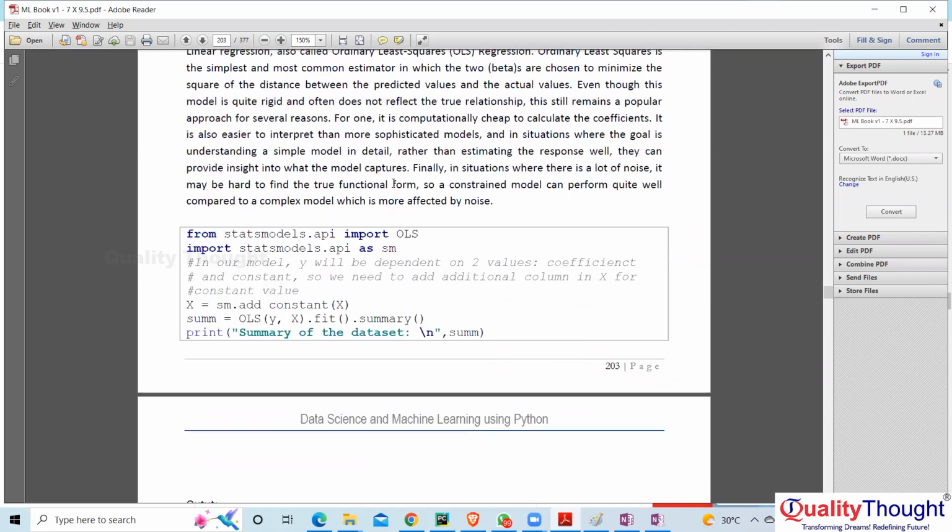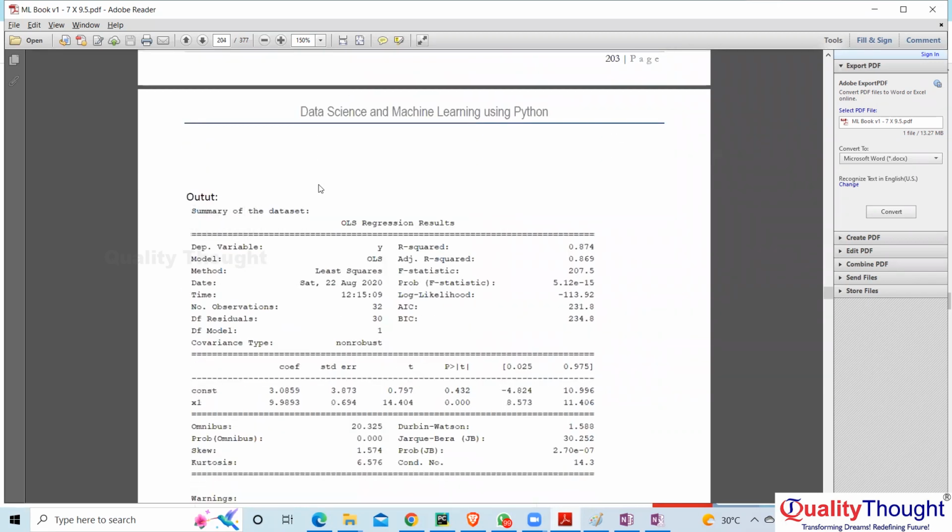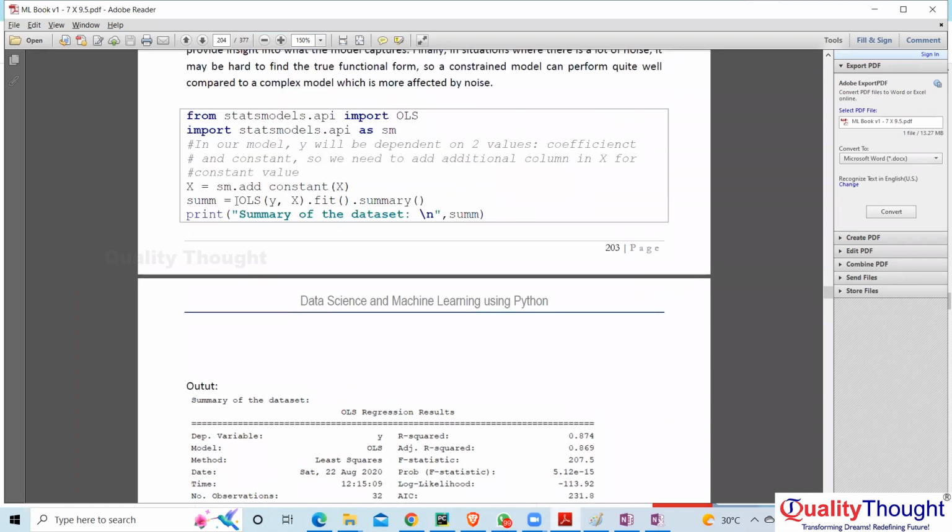So this is another method, OLS. OLS gives a lot more information. Now we'll look at this value, OLS. What's the output of OLS? We will run it and see. It's very simple. You just say OLS of y comma x. Y is your output target variable, and X is your feature set of values.